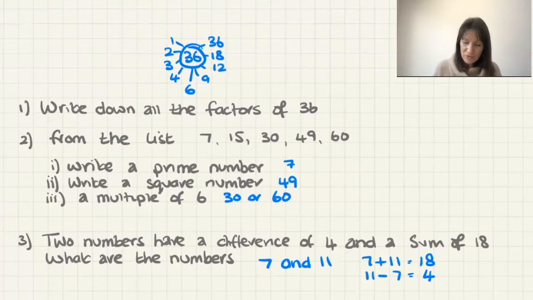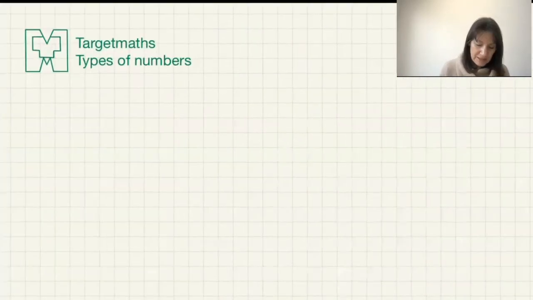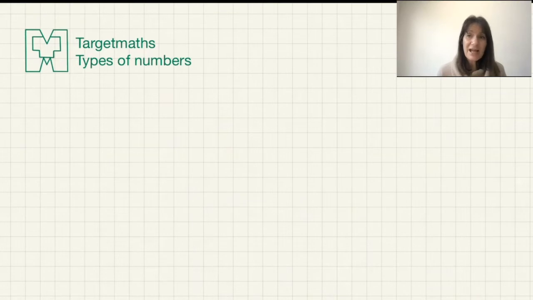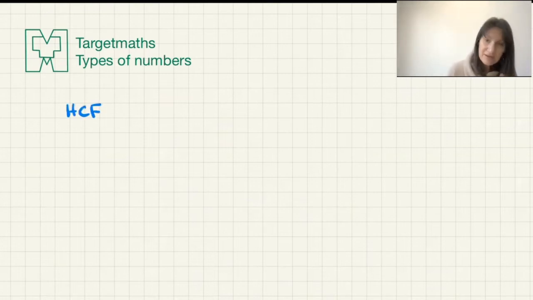We are moving on and finishing the types of number with product of prime factors, highest common factors, and lowest common multiples. We're going to start off with our highest common factors. Okay, I'm going to write HCF for short, highest common factor.